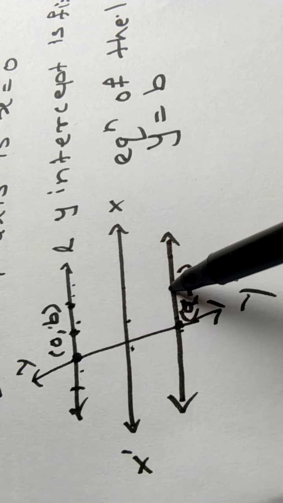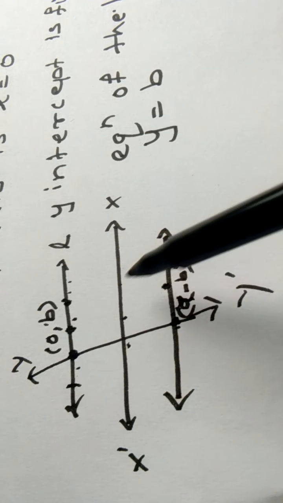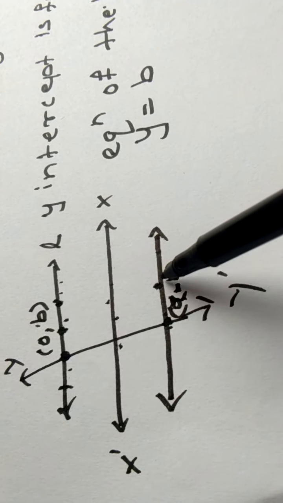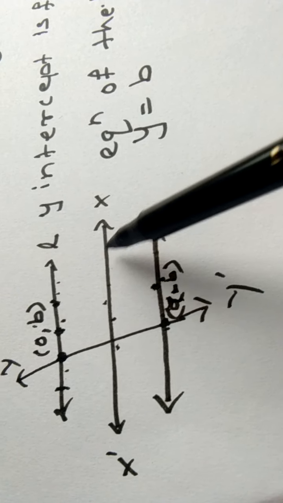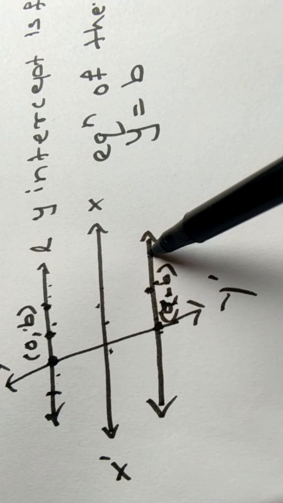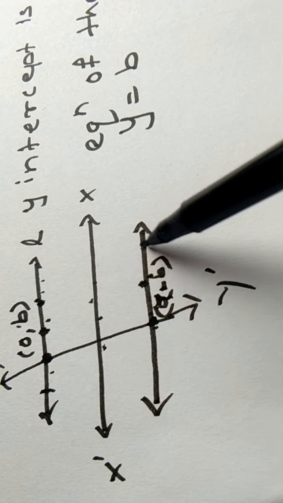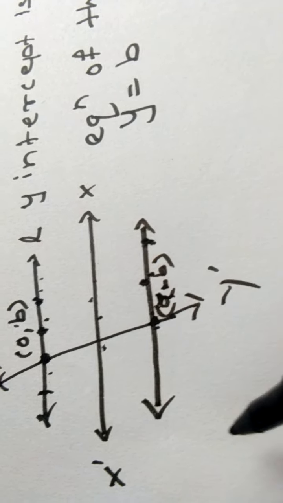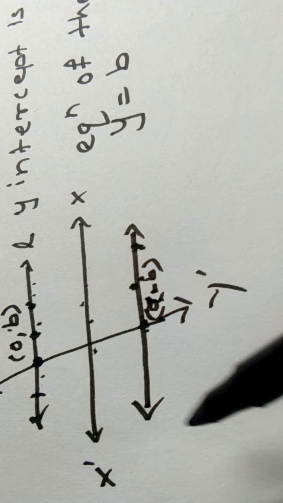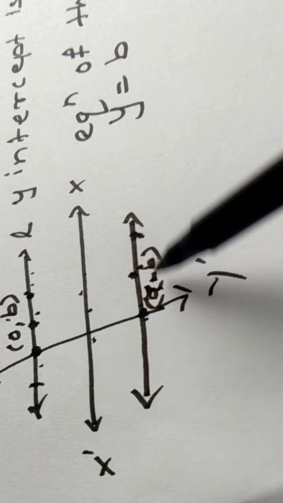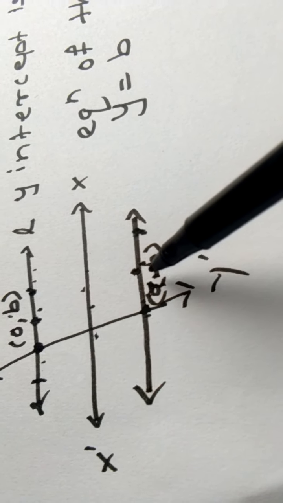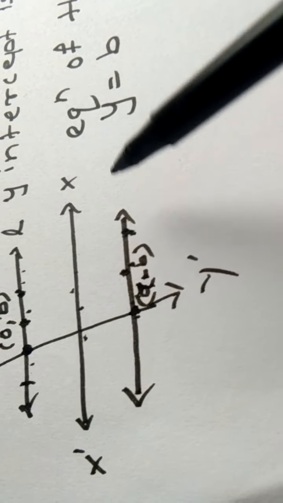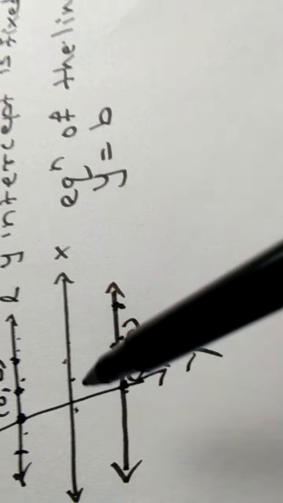If we take the point here, then the value of x-intercept changes, y-intercept is fixed. If we take another point, then again x-intercept changes, y-intercept is fixed. Means we can say that the equation of this line is, which point is fixed? Y is equal to minus b.